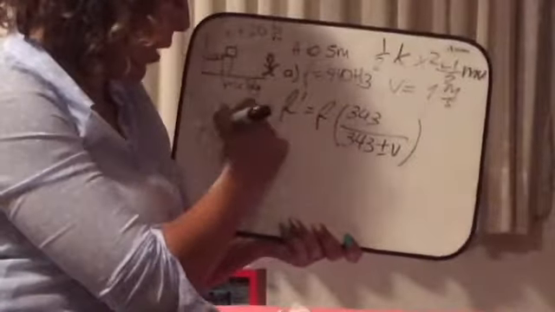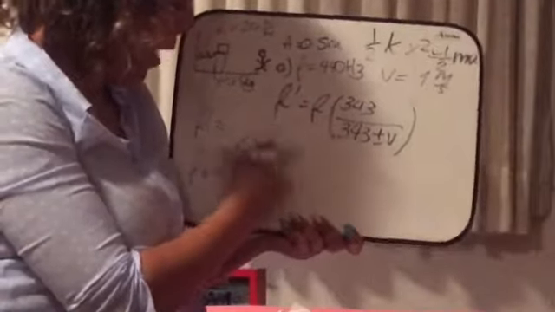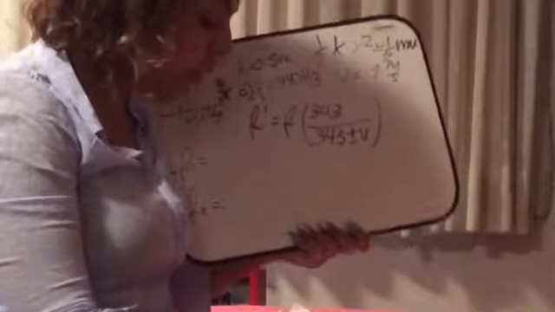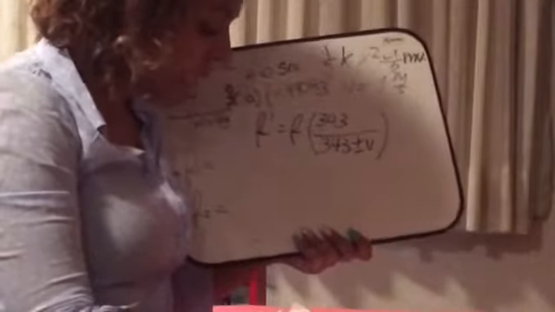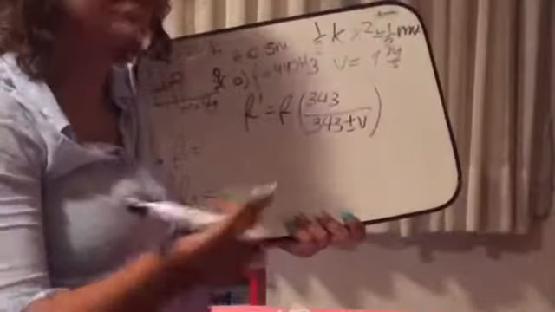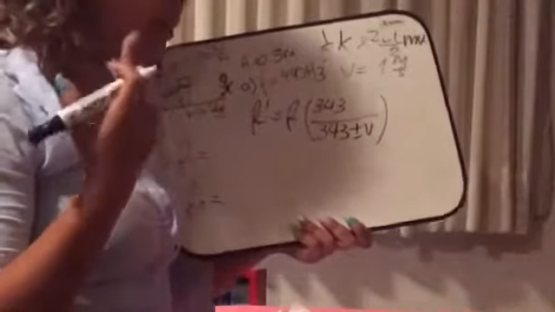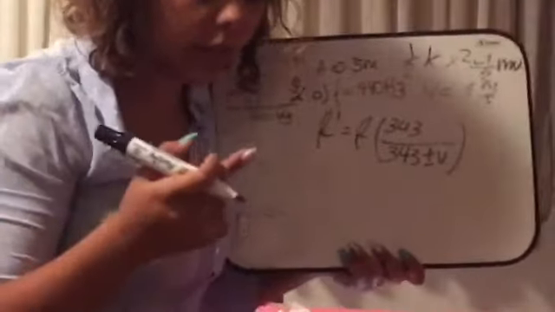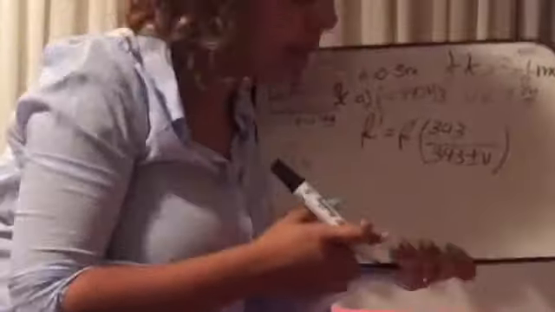We know that there will be two frequencies, right? One when it's going away, when we will use a positive value. And the other one when it's approaching, when we will use a negative value for the velocity, which in this case we know is 1.